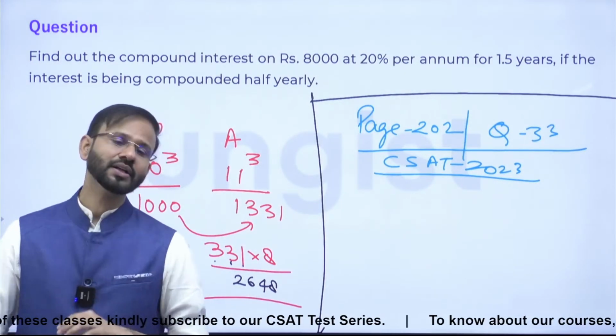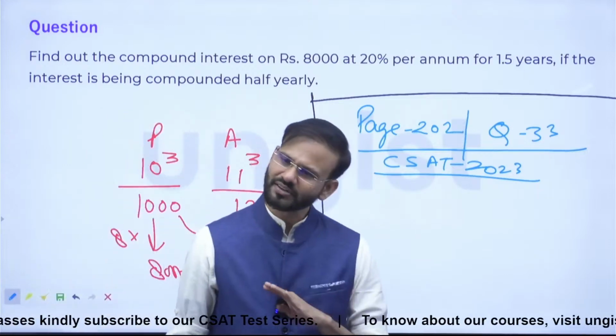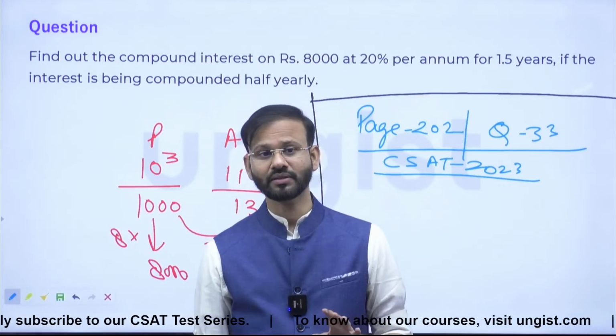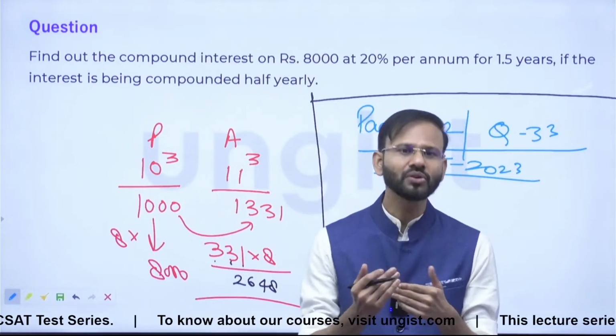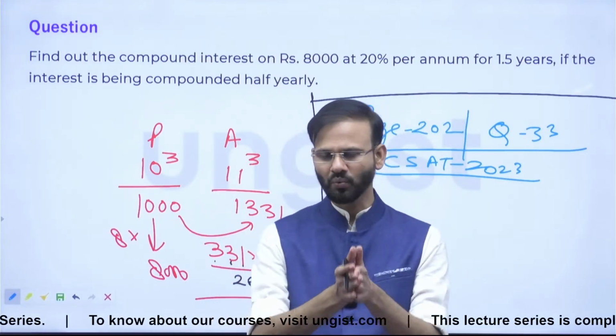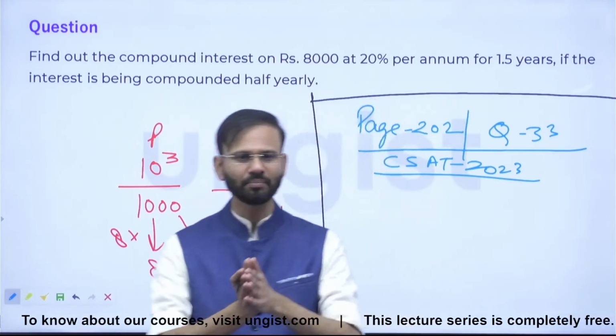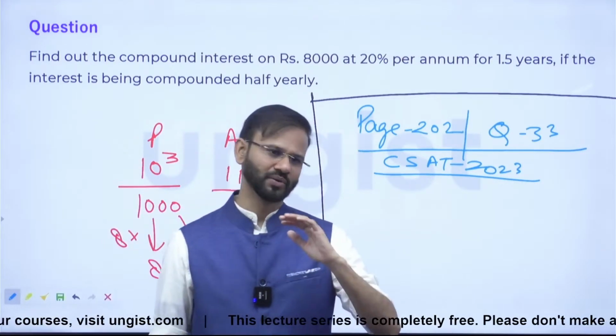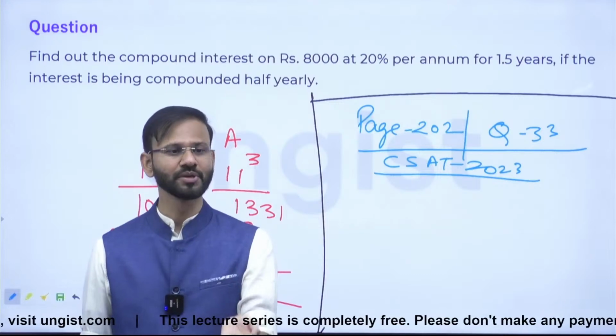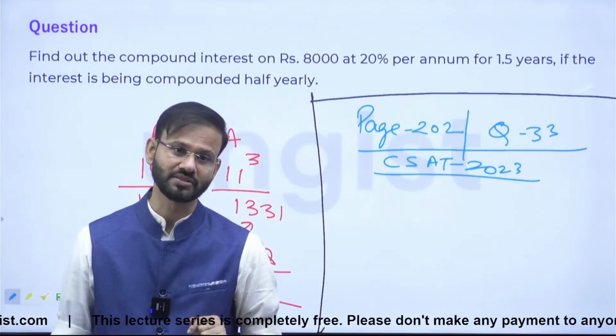Here UPSC is not interested in any type of calculation. They just want to know whether your basics are strong or not, whether you know the logic: what is compounded half yearly and what is compounded quarterly, what is the difference, and how much impact there is when it is compounded half yearly with the same rate of interest.